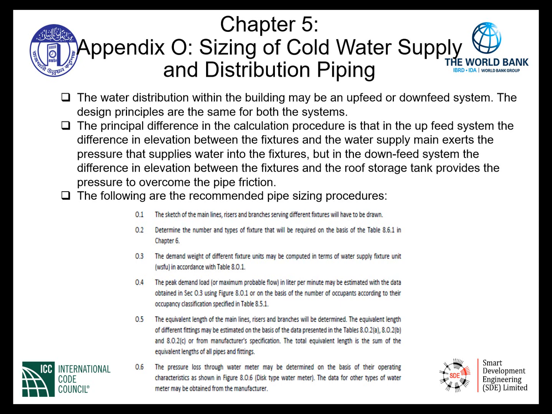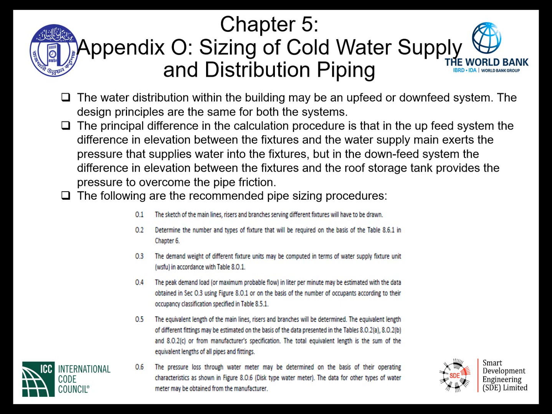0.6. The pressure loss through water meter may be determined on the basis of their operating characteristics, as shown in Figure 8.0.6, referencing the disc type water meter. The data for other types of water meters may be obtained from the manufacturer.